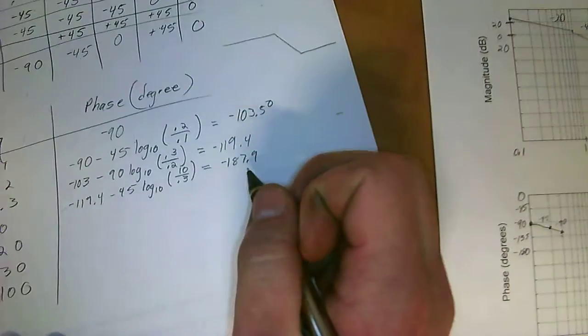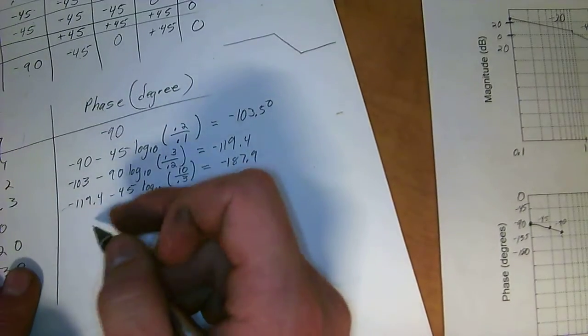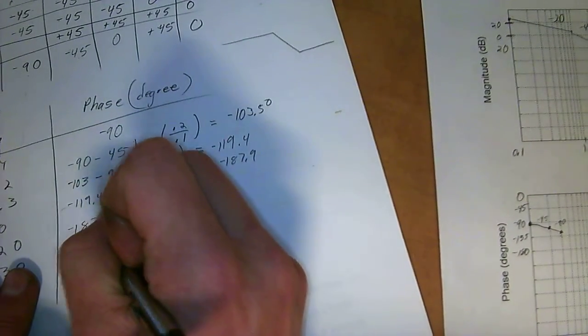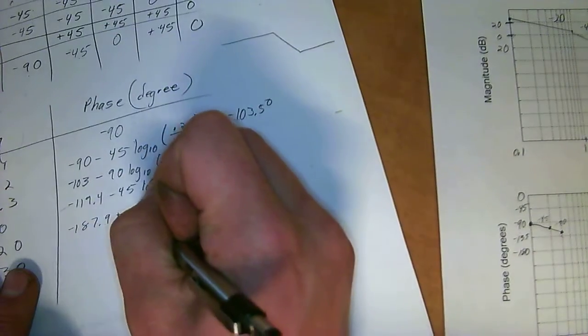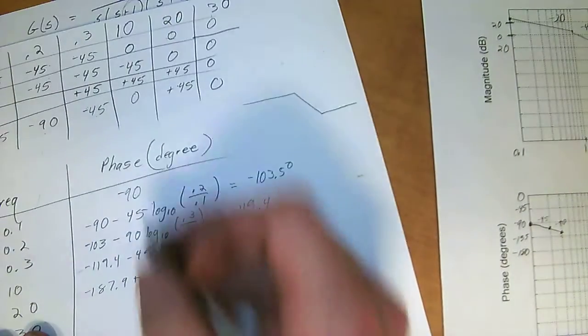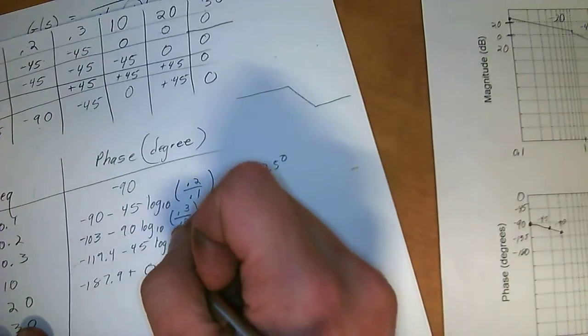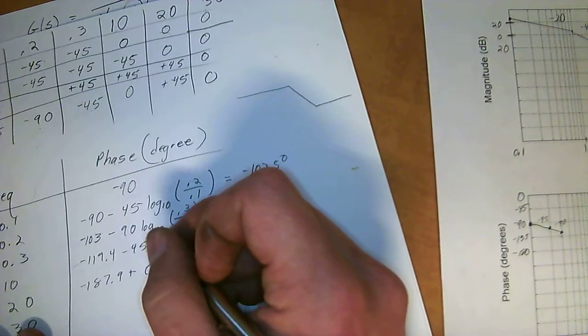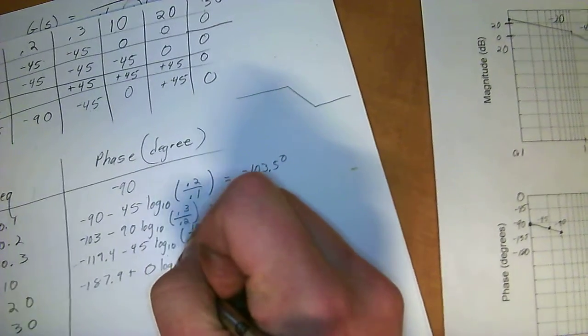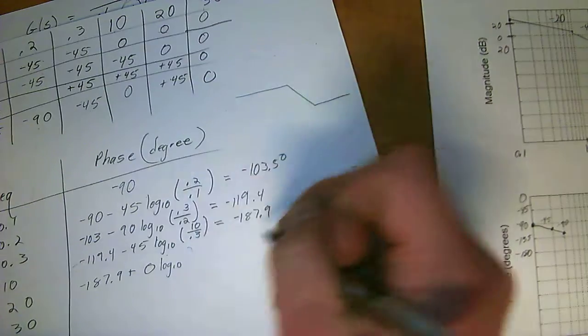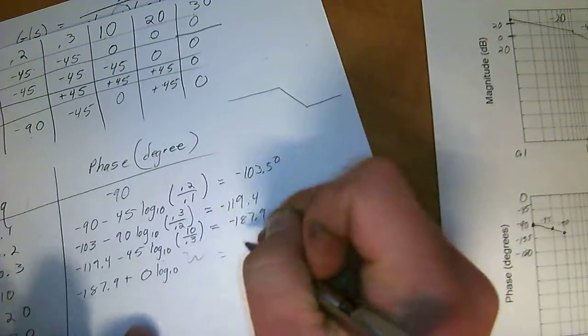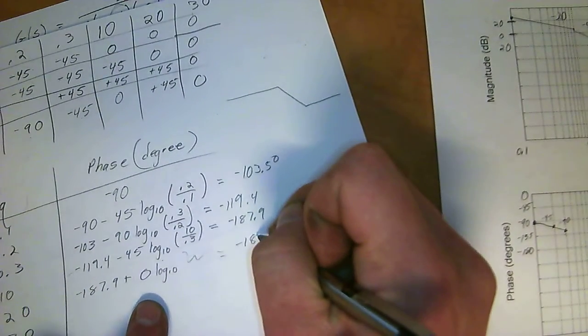Okay, so now I'm going to crank through the rest of these pretty fast. So negative 187.9 plus 0, from 10 to 20, times log 10 and so on and so forth. That's all going to go to 0 because of that 0. So negative 187.9.